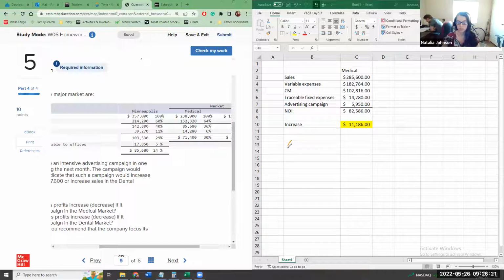We can do the contribution margin ratio times the increase in sales instead of the whole sales, because that's the only thing that is going to change, that increase in sales, which is the 47,600. And then we're going to subtract this new fixed expense, the 5,950.